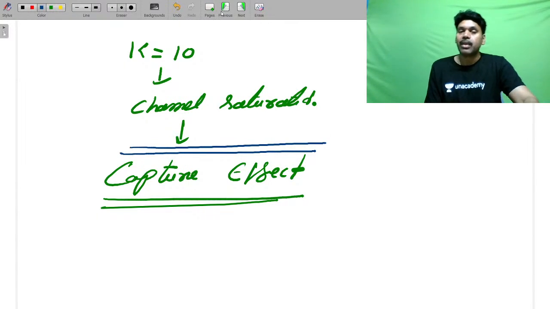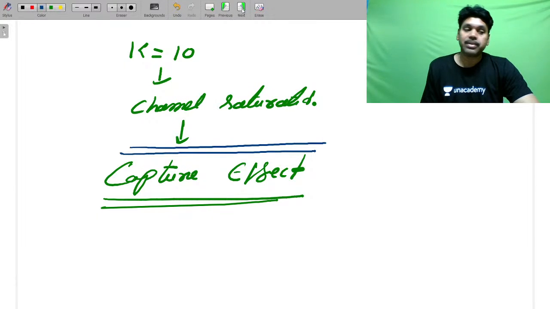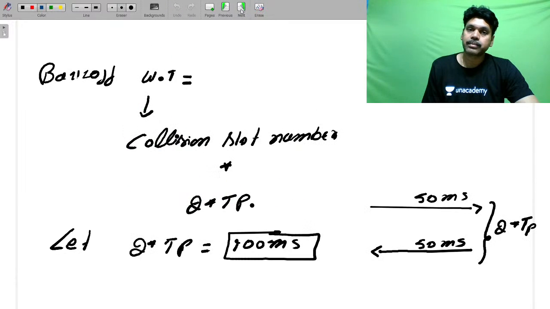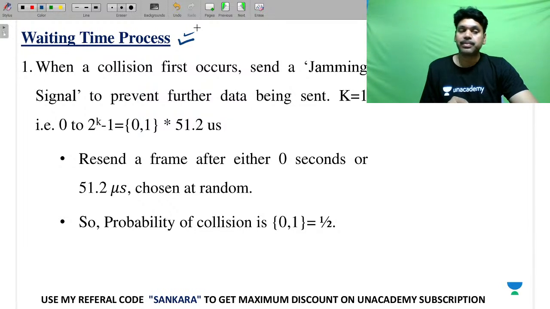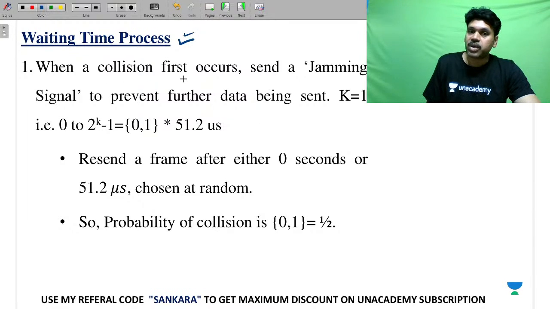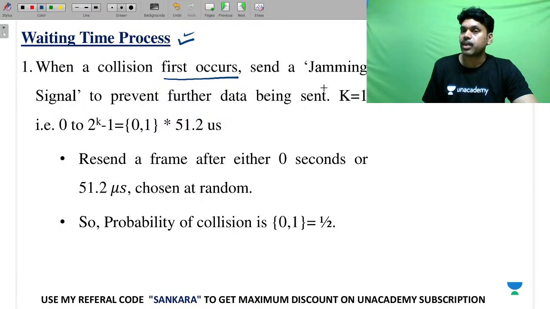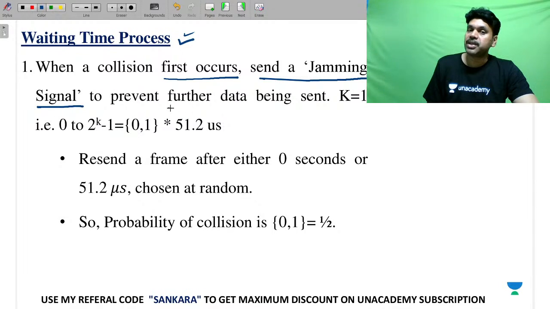Okay. Now how to calculate the backoff waiting time? I will show you, listen carefully. When a collision occurs for the first time, you immediately get the jamming signal to prevent further collisions, and your k value is incremented from 0 to 1.